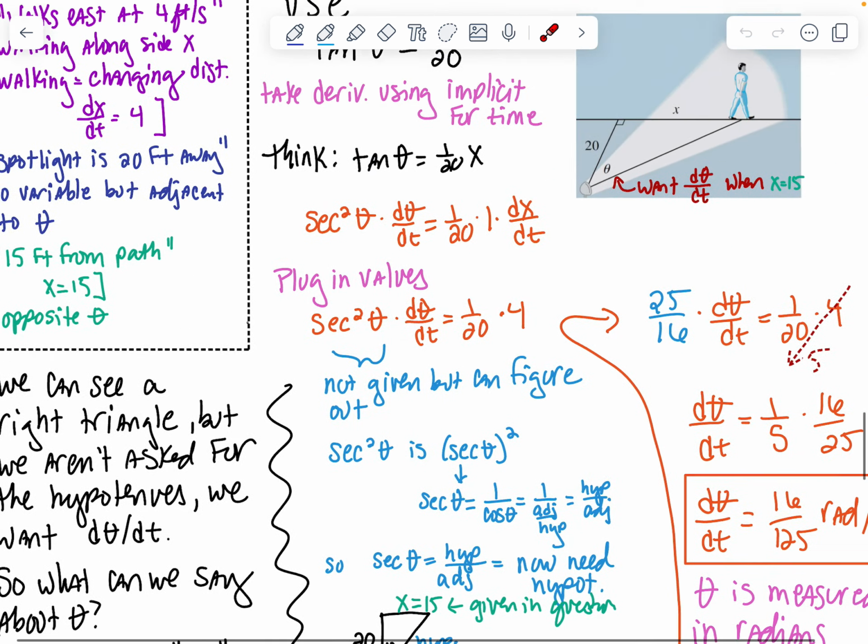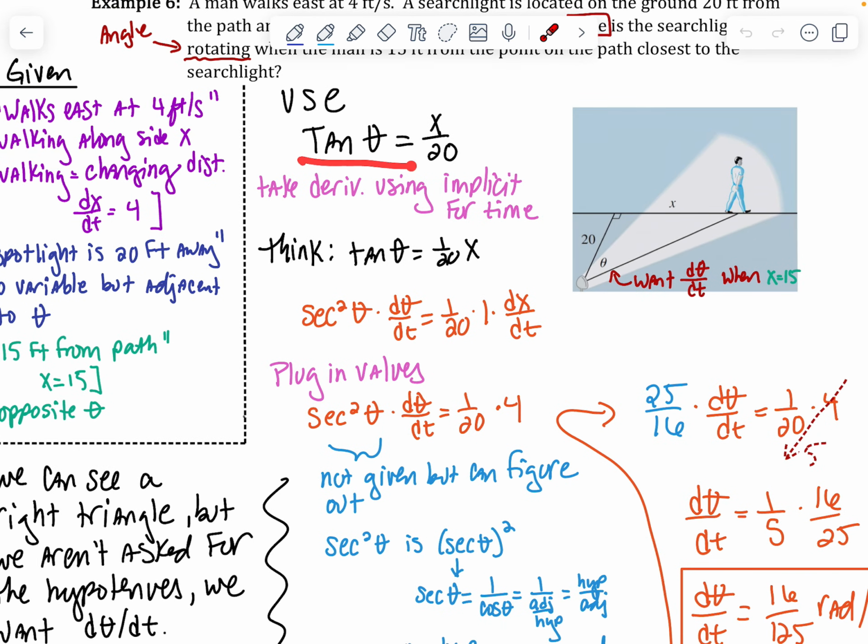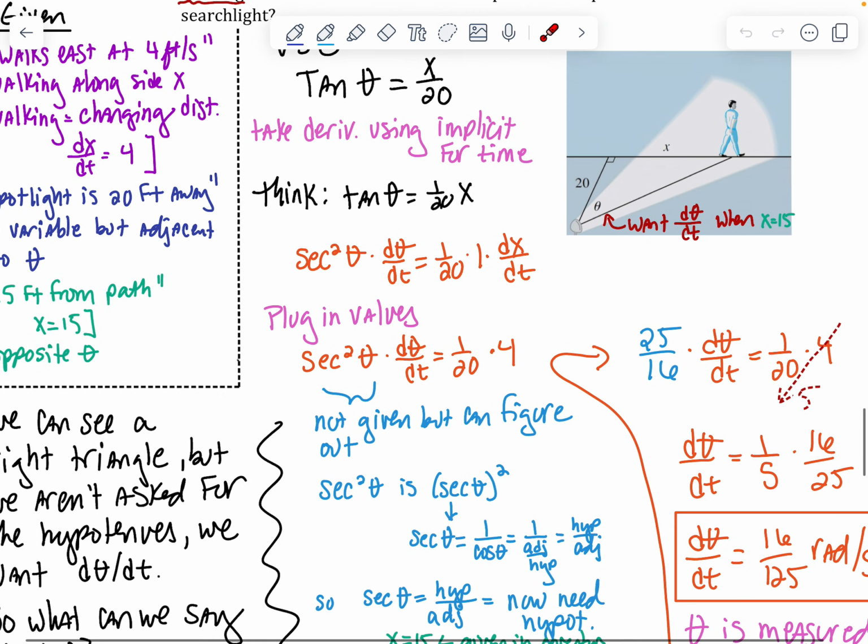So taking this statement up above, rewriting it so it's visually easier to see, I want to take the derivative using implicit differentiation over time. Let's think of x over 20 as really being 1/20th, a coefficient, multiplied with x. This might help with the derivative. The derivative of the tangent is the secant squared.